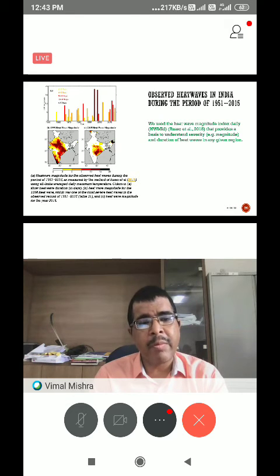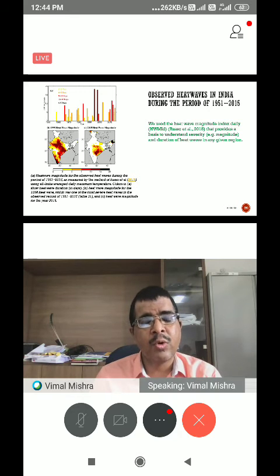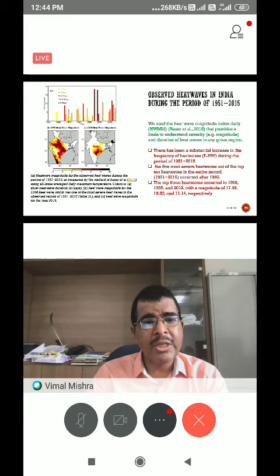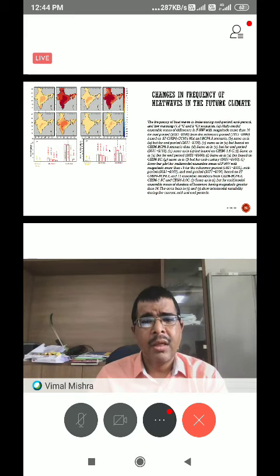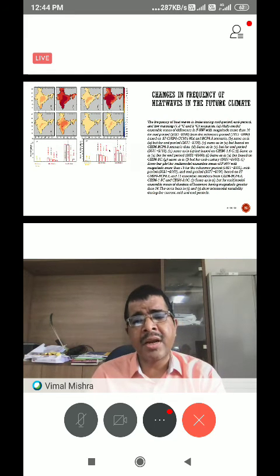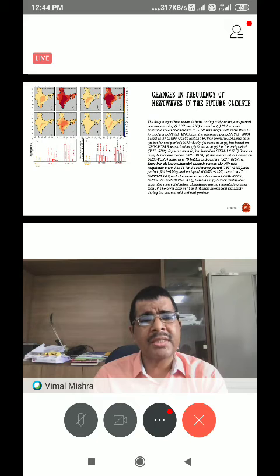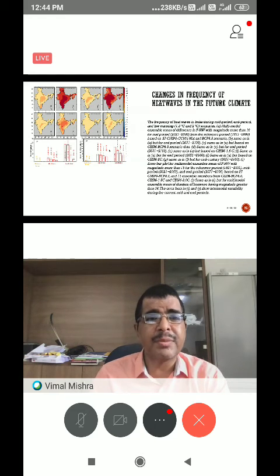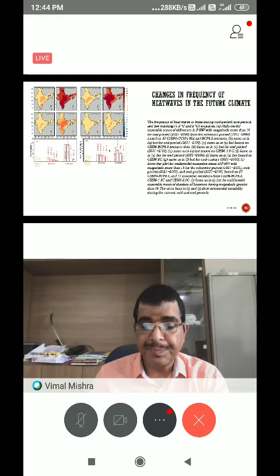So what would be the probability of these kinds of heat waves occurring in a 1.5 or 2 degree warmer world? We see there would be a considerable increase, and in some areas some projections suggest it could be a 10 to 20 times increase of that kind of heat waves by the end of the 21st century in the worst case scenario of RCP 8.5.